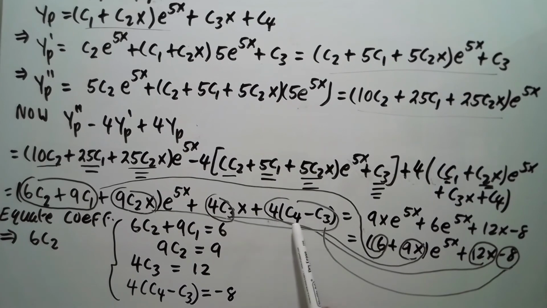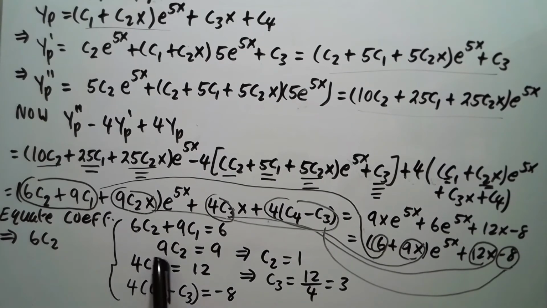And the 4c4 minus c3 would have to correspond to the minus 8. So solving, dividing by 9 here, c2 would be 1, dividing by 4 here, c3 would be 3.